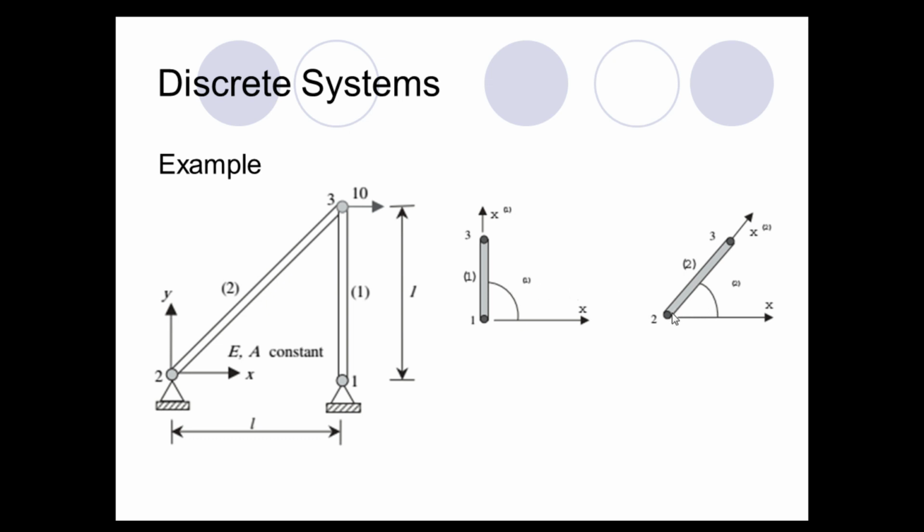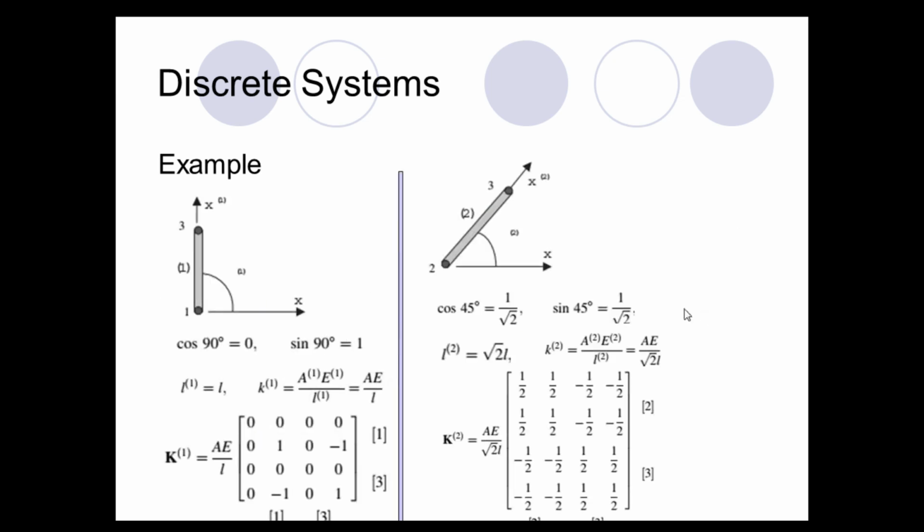Now for element 2, node 1 of element 2 is 2, and node 2 of element 2 is 3, and it makes 45 degrees. Okay, now let's calculate the transformation matrix first for element 1. Cosine 90 is 0, sine 90 is 1, so L1 is equal to L.